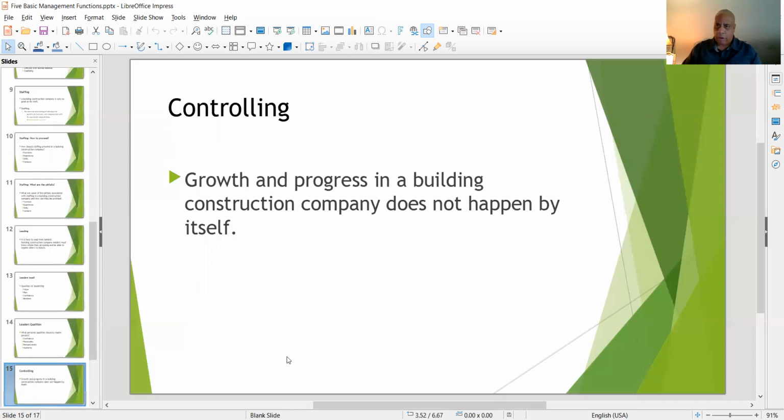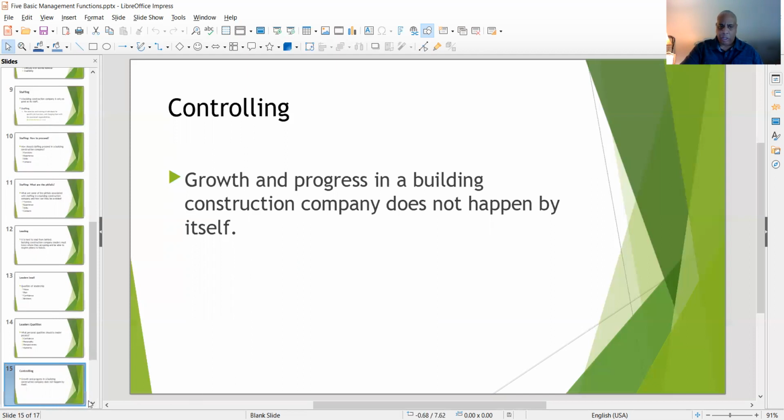Now, the final area of management is controlling. When it comes to any organization, and I'm talking about building construction management right now, growth and progression or advancement doesn't happen by itself. Why?